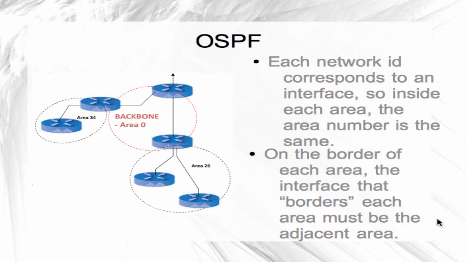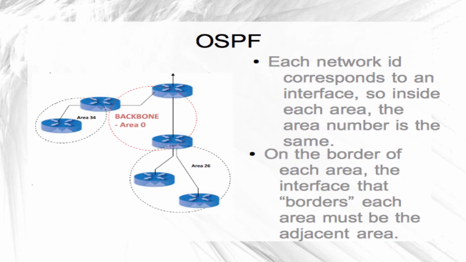Now, each network ID corresponds to an interface. So inside each area, the area number is the same. So if you look down here on area 26, all the interfaces in that black circle are area 26.